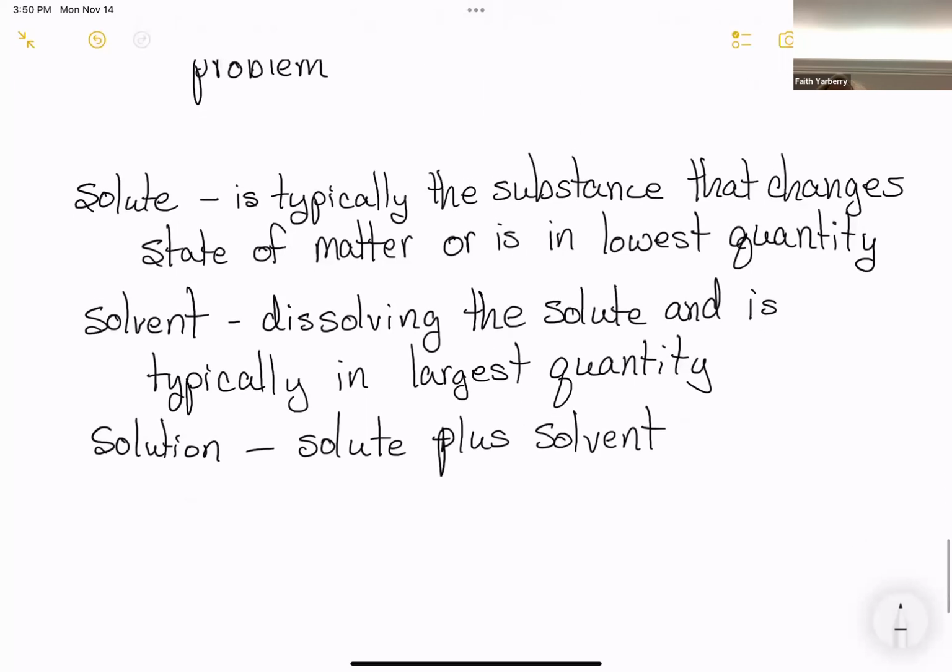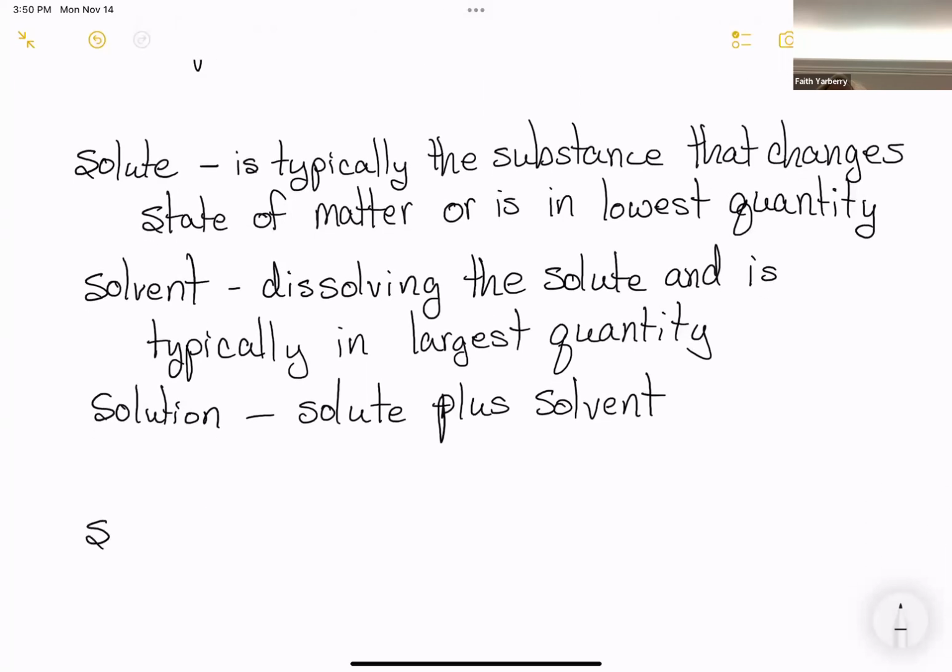Now, just an FYI, because we never really talked about it, we do have states of matter.